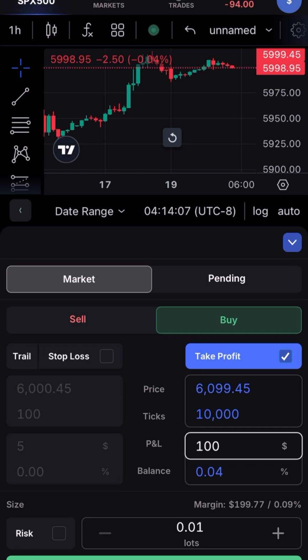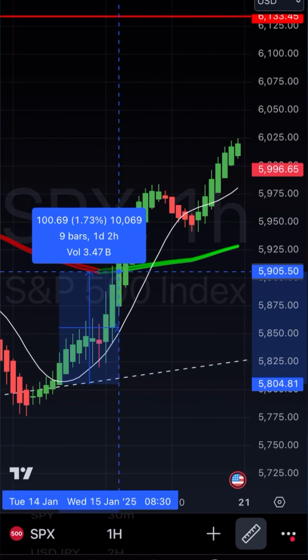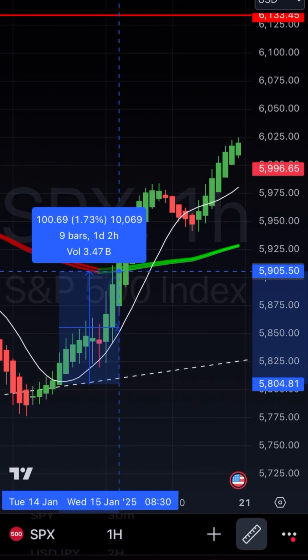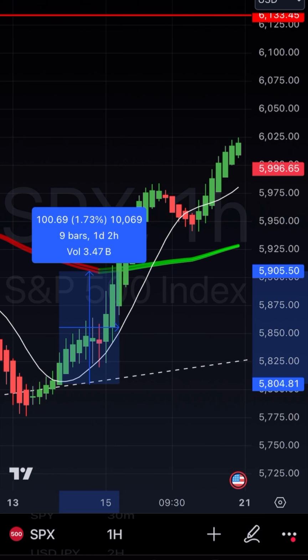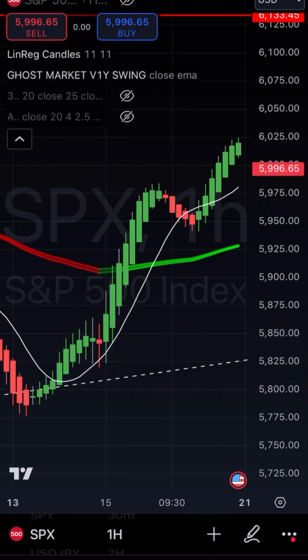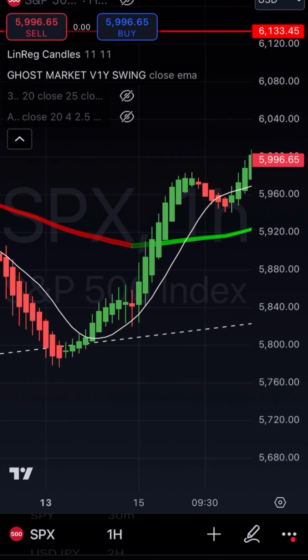That is a personal goal of making just 10,000 ticks. Doing it at 0.01 will give you $100. That's all I'm going to go over in this video. So practice with that on a demo account first.